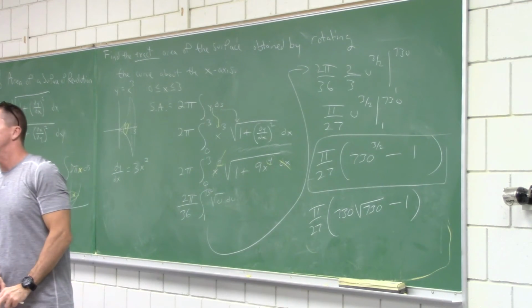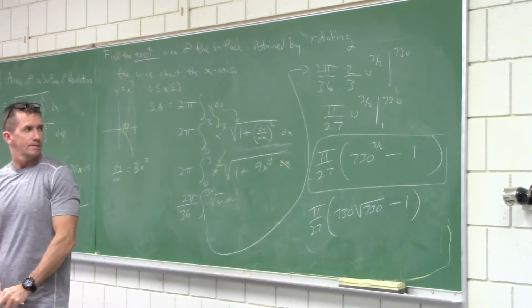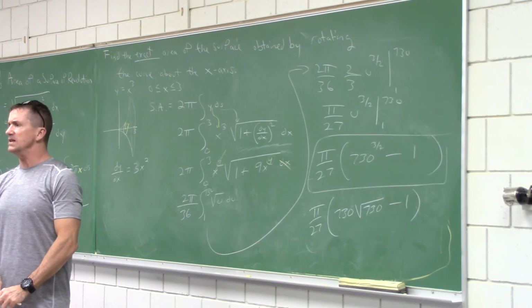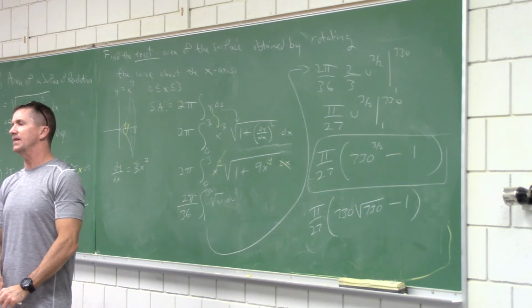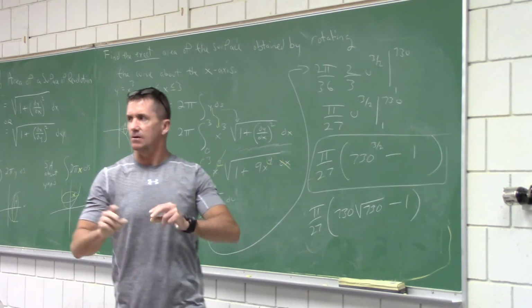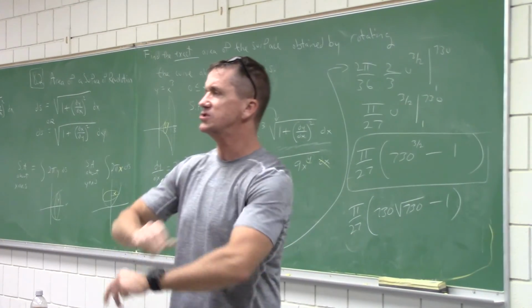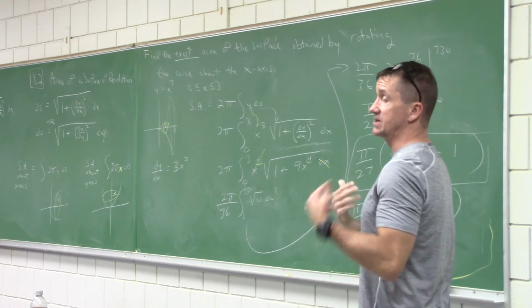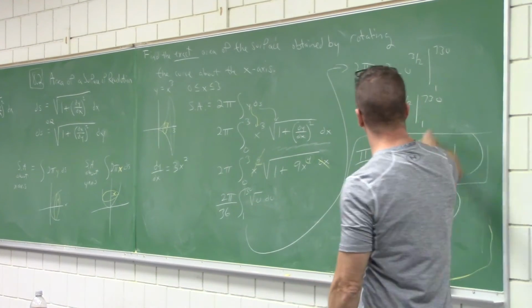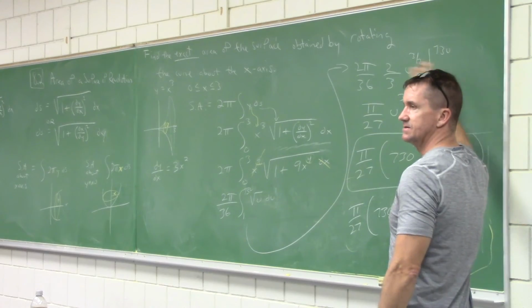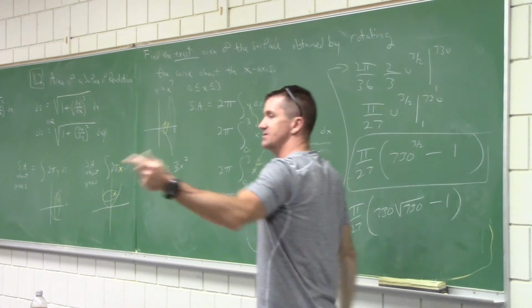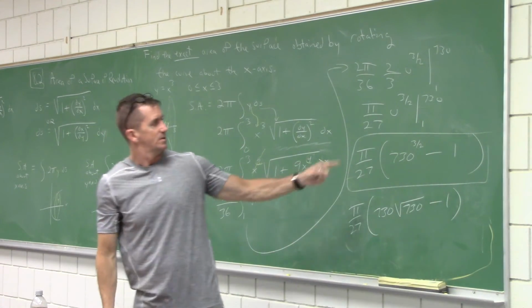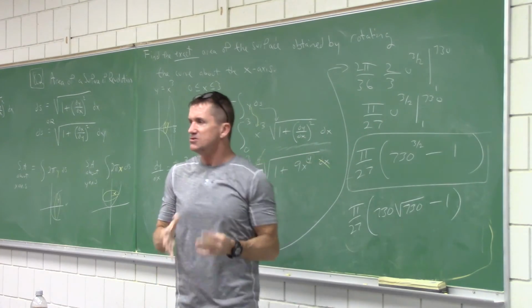Are you fine with us plugging the u back in and solving that way? Oh, that's totally fine. So what you mean is a resubstitution in the end, putting the x's back? That's how I always did it as a student, so I actually agree with you. When I'm grading papers, I notice a lot of students like to change the limits of u, but most students agree with you.